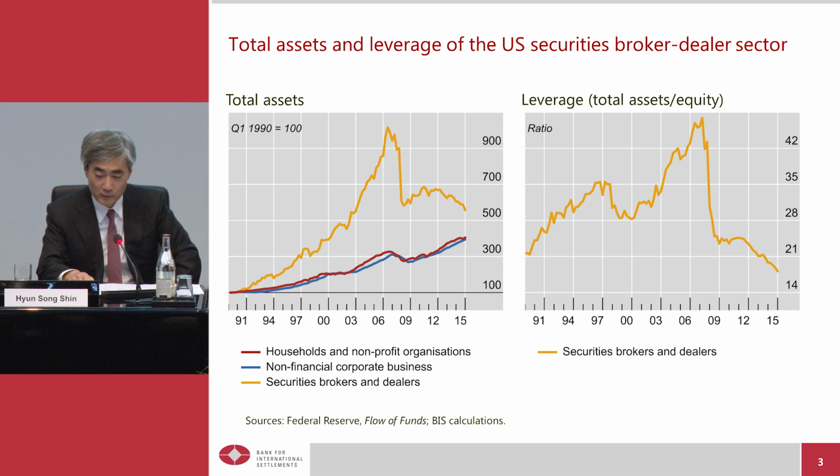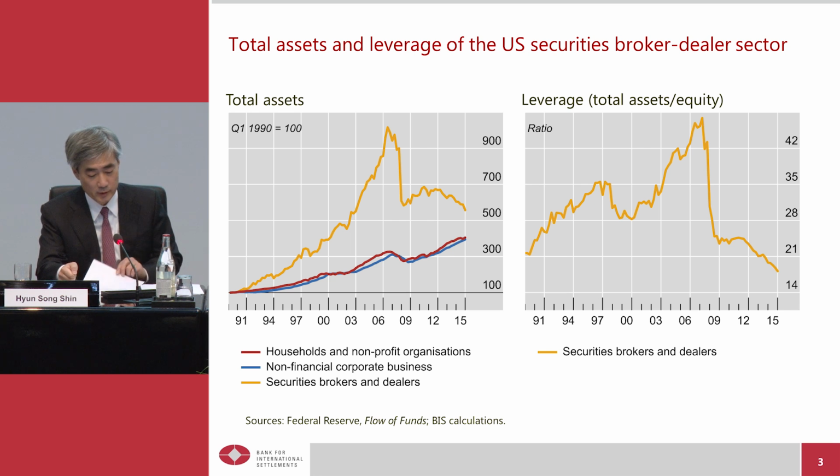If we look at both of these charts, the sharp deleveraging in late 2007 and into 2008 was due to tightening market conditions rather than new regulation as such. And when we look at the most recent developments, we can ask, are there similar market developments at play which could explain the decline in leverage in the most recent period?